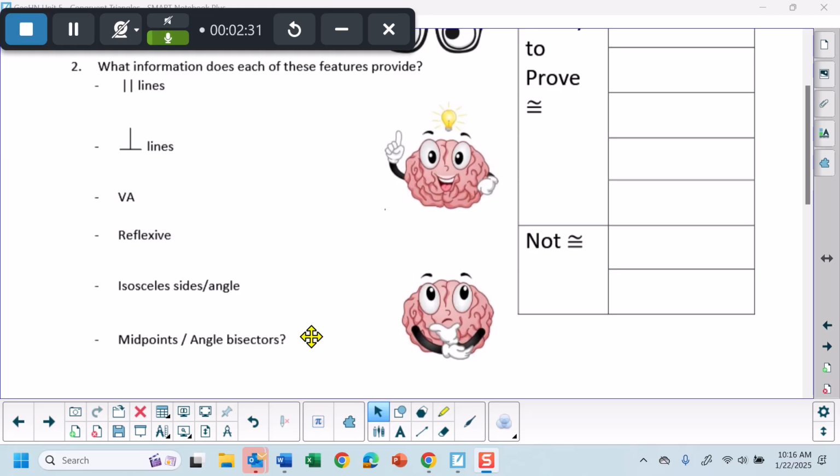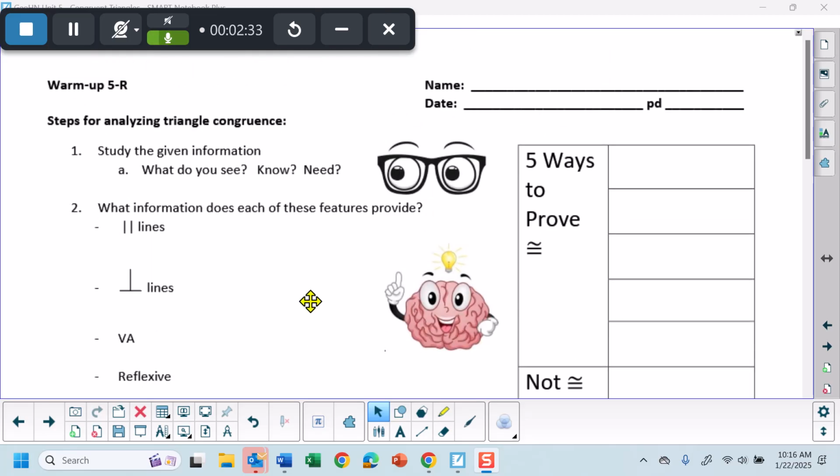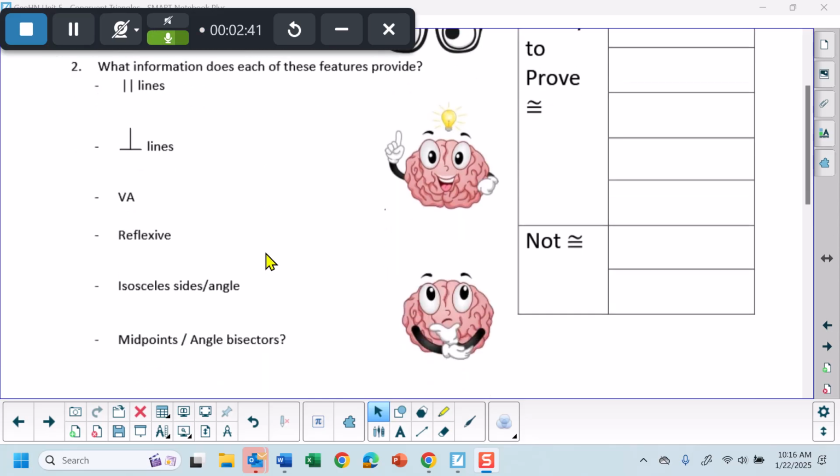Instead of the what do I know, where we talk about what do I see, what do I know, what do I need, instead of it being what's given to us, what information can we draw from each of these geometric features? Turn to your partner, talk about it, and take notes. Go ahead.